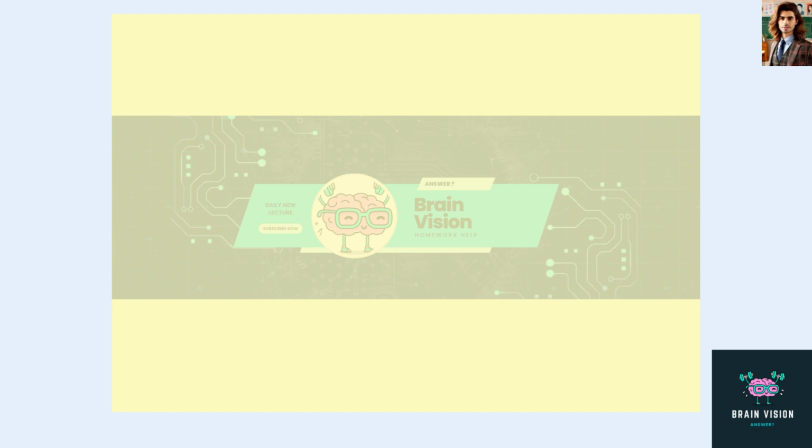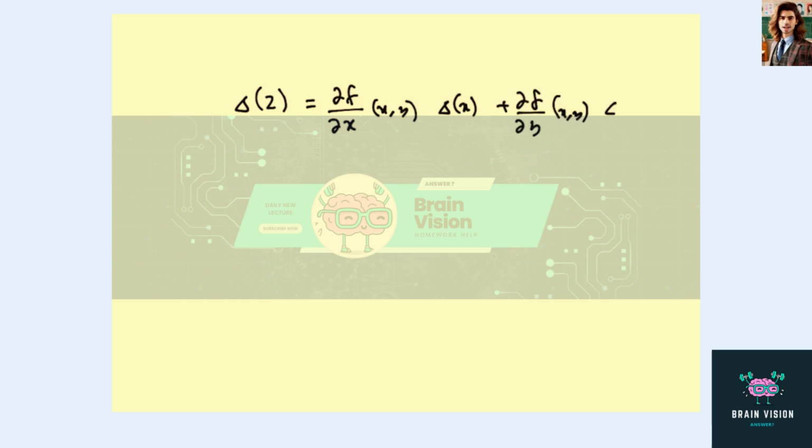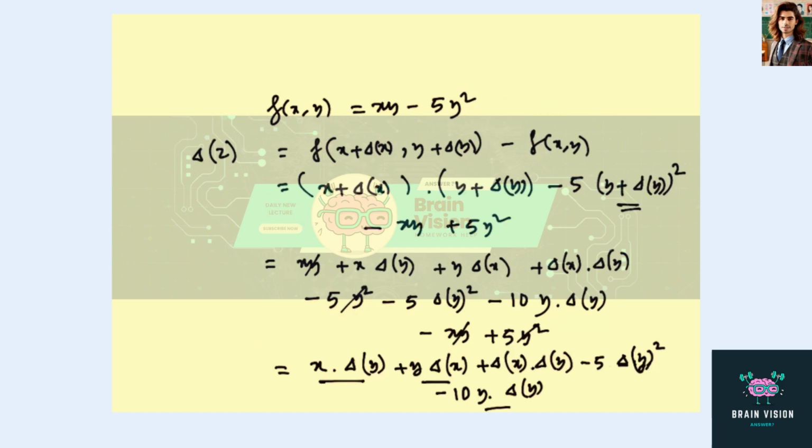So I end up getting delta z is equal to ∂f/∂x times delta x plus ∂f/∂y times delta y. And let's go back and see what expression we are still left with.